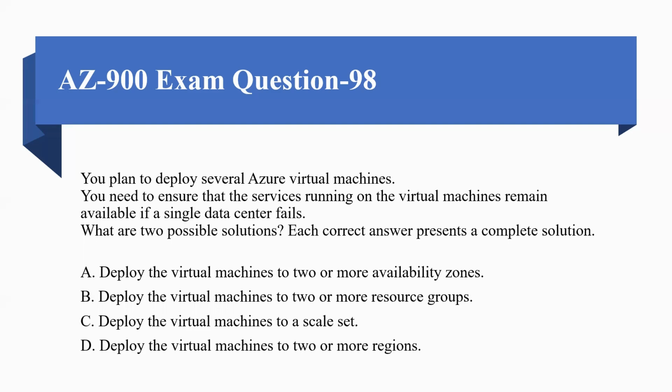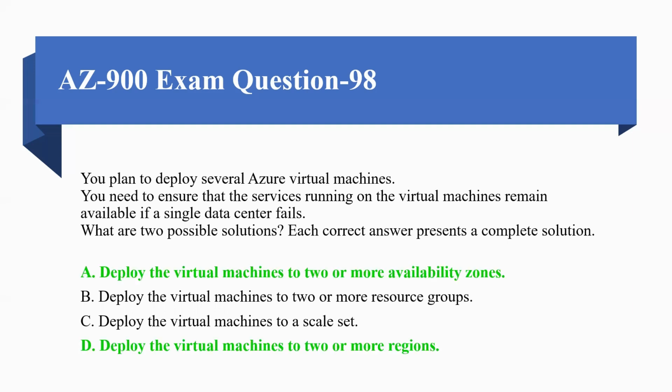Or option D, deploy a virtual machine to two or more regions. Basically, the question says that we have to ensure that if a data center fails, the virtual machine remains available. In order to provide high availability, we will use option A and option D. That is, deploy a virtual machine to two or more availability zones and deploy a virtual machine to two or more regions.